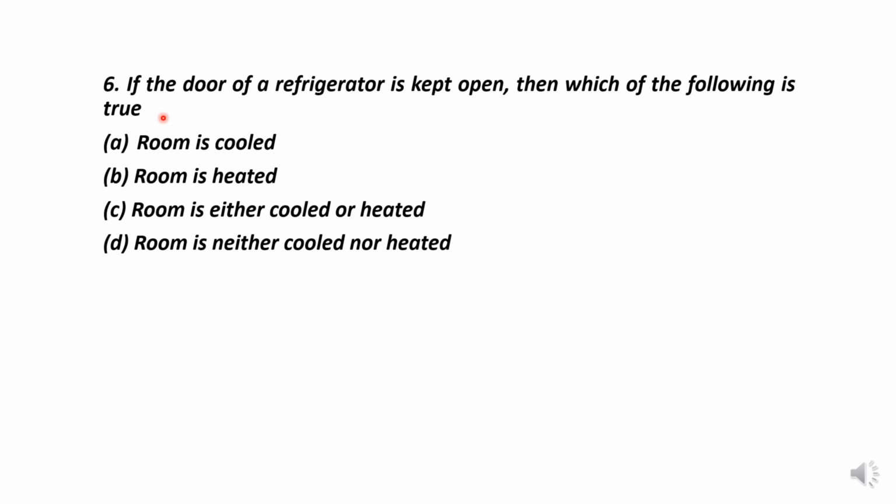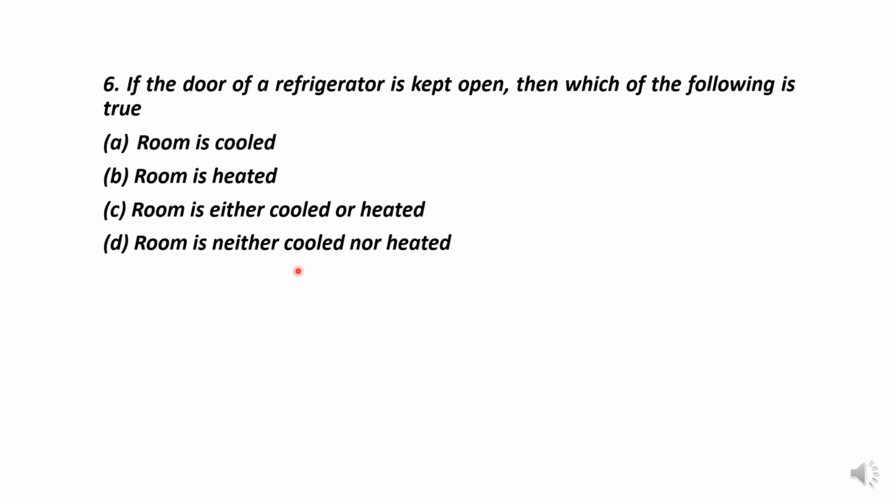MCQ number 6. If the door of a refrigerator is kept open, then which of the following is true? Room is cooled, room is heated, room is either cooled or heated, room is neither cooled nor heated.